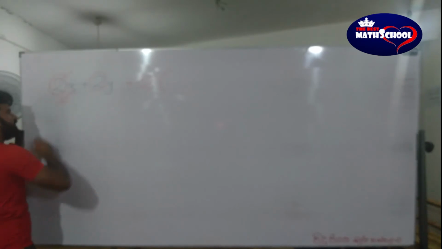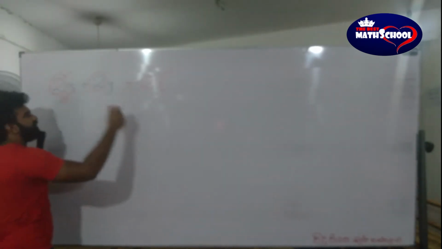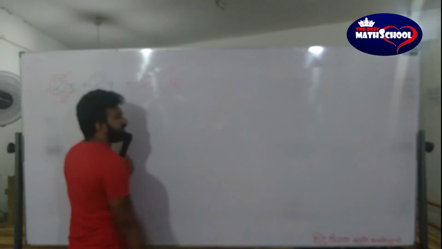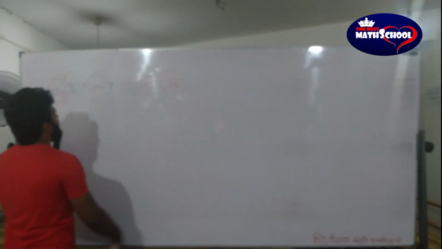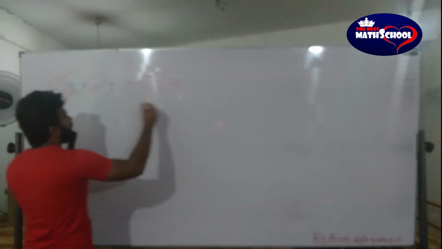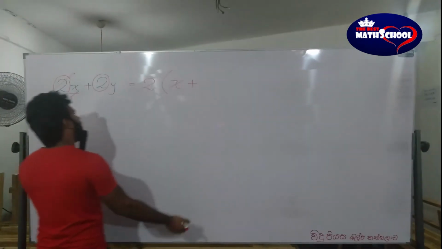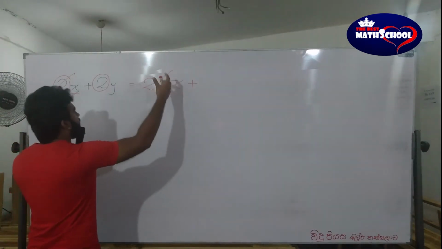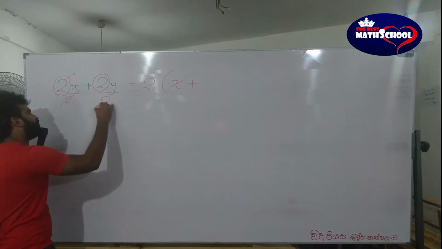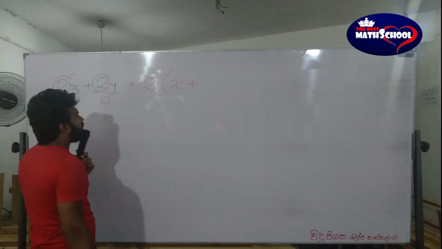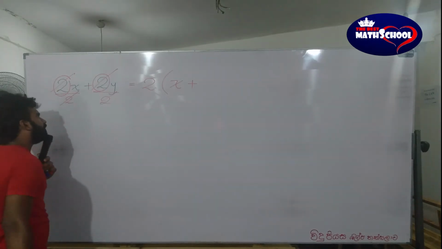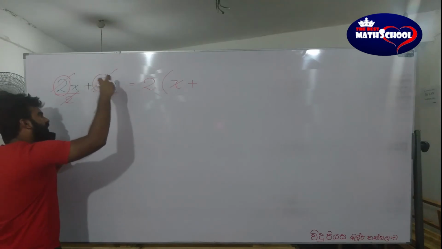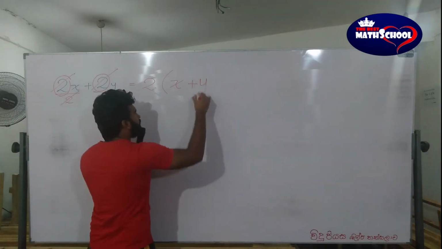2 and 2 will be gone off and x will remain inside the bracket as the first term. Got it? Then plus mark, right, plus, and 2 I got out. That means from this also 2 should be divided by 2. Then 2 and 2 will be gone off again, and y will remain as the second term.